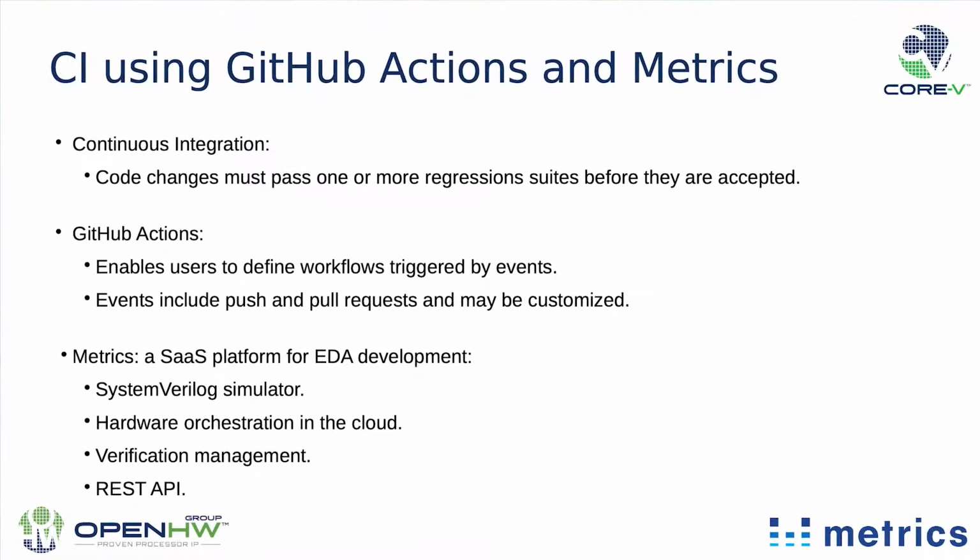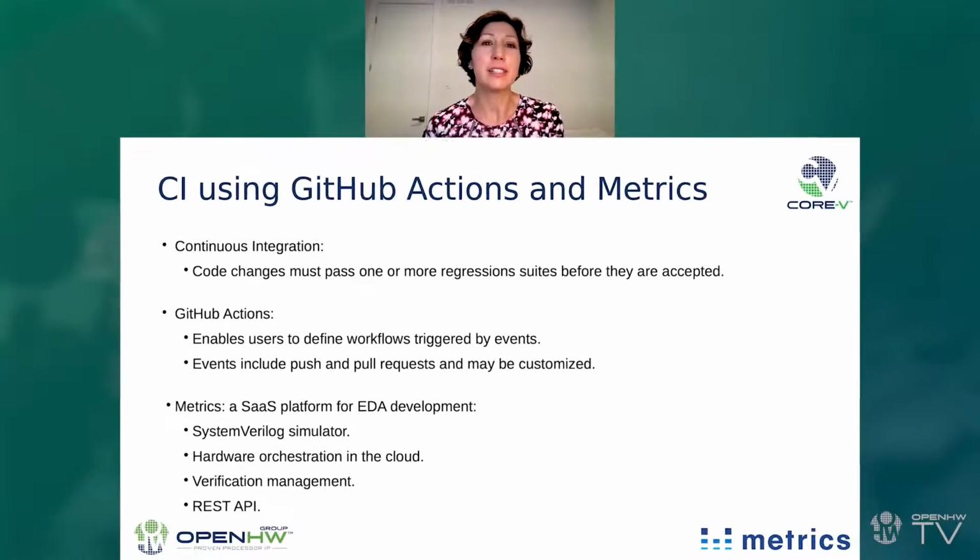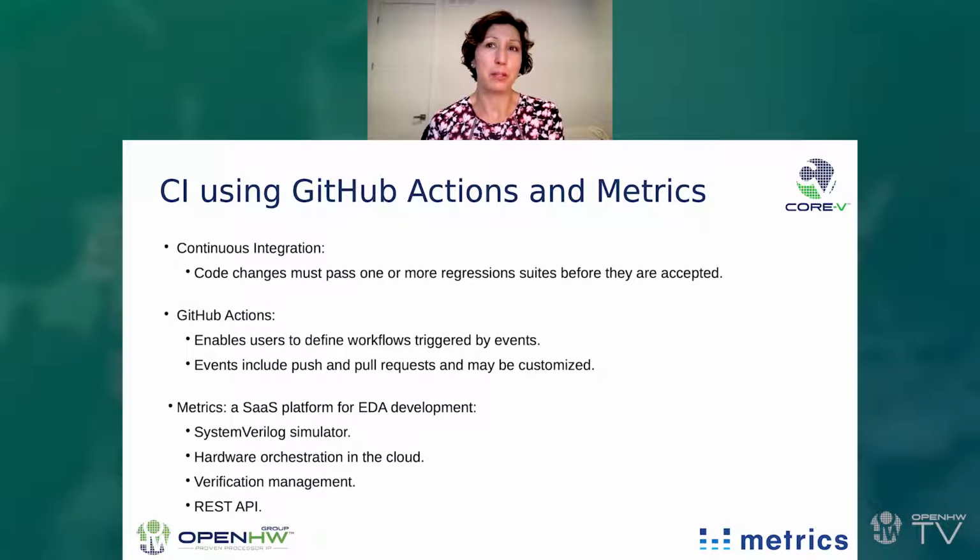Events that can trigger actions include pushes and pull requests, and in each case, these events can be highly customized. So where do these sanity regressions run? And that's where Metrics comes in. Metrics is a member of the OpenHW Group, and we are a vendor of a SaaS platform for EDA development focused currently on regressions.